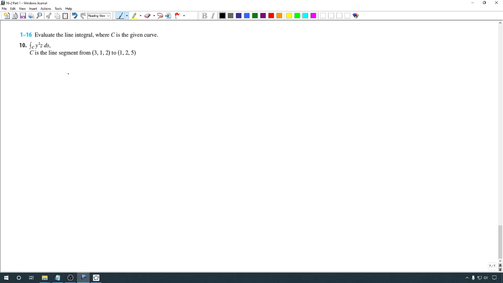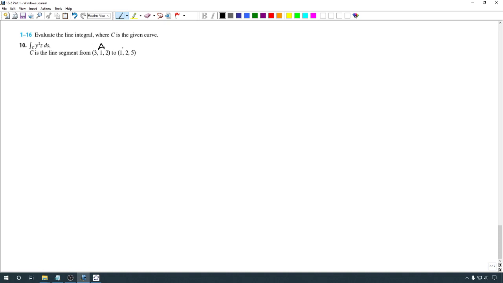We need to come up with a parameterization for this curve. Now, the way I like to do this, I like to think back to chapter 12, where we use vectors to make equations for lines. What we'd like to do is take a vector from (3, 1, 2) to (1, 2, 5). Let's give these names.